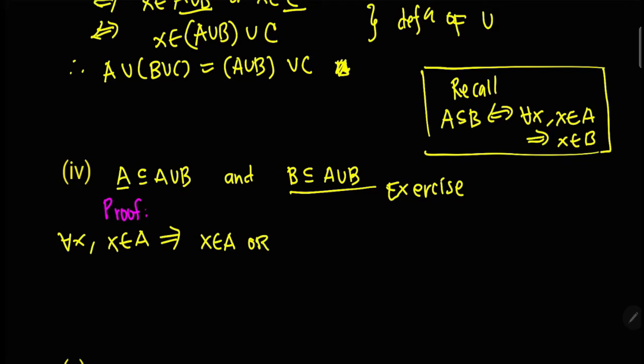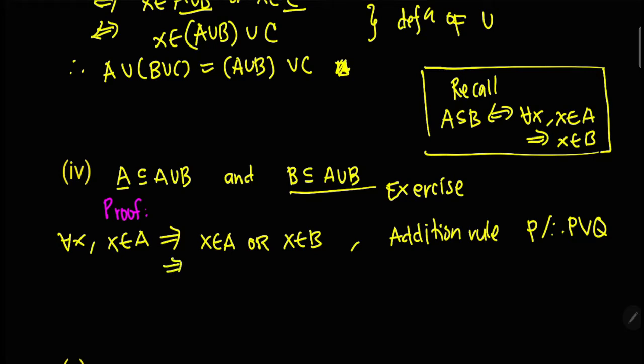In particular, we can add the statement x is in B. So if you have statement P, therefore you can have statement P or any other statement Q. But this statement means that either x is in A or x is in B, or that means x is in the union A union B.